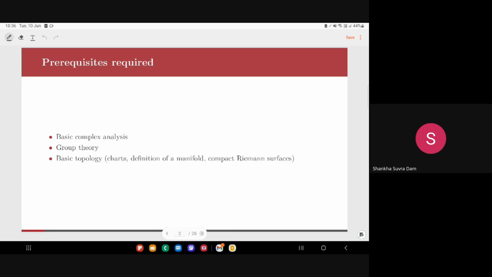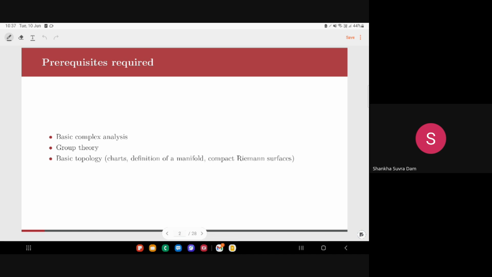For this talk, I need everyone to have some prerequisites like basic complex analysis, at least the definition of holomorphicity and meromorphicity. Holomorphicity is like it's differentiable, and meromorphicity is like it can be written as a ratio of two holomorphic functions at least.